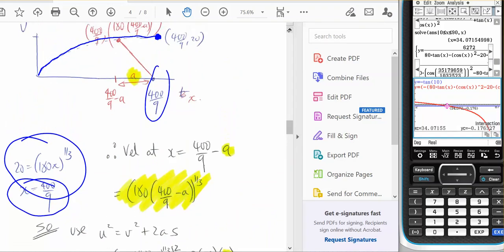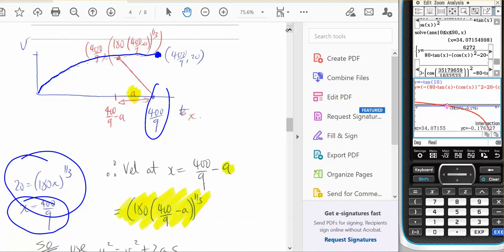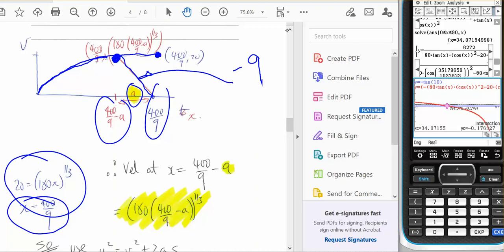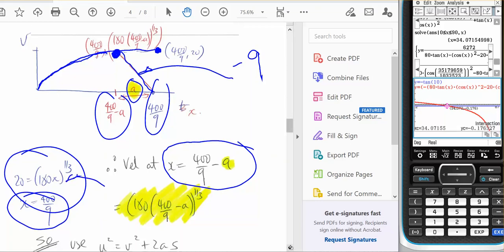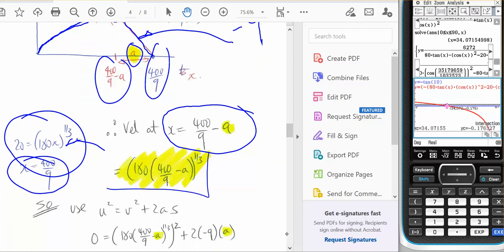Now, I need to increase speed to a point, then I need to decelerate at a gradient of -9. So I need to know what is the velocity at that point. If a is the distance that I start decelerating, then this distance here is 400 on 9 minus a. So I'd like to find out what is the velocity at 400 on 9 minus a. So I sub that into this rule, and that gives me this.